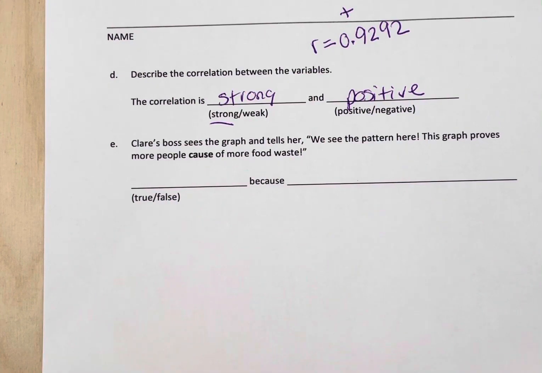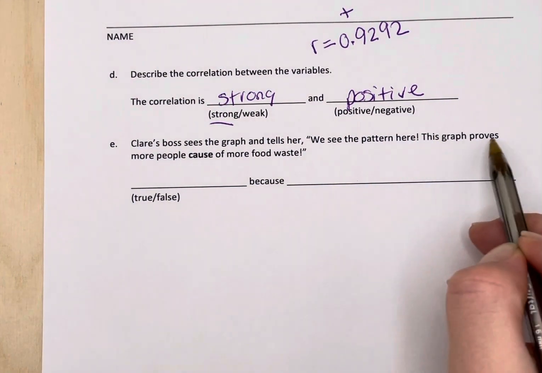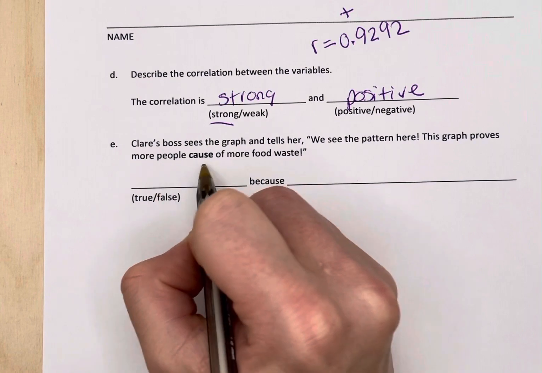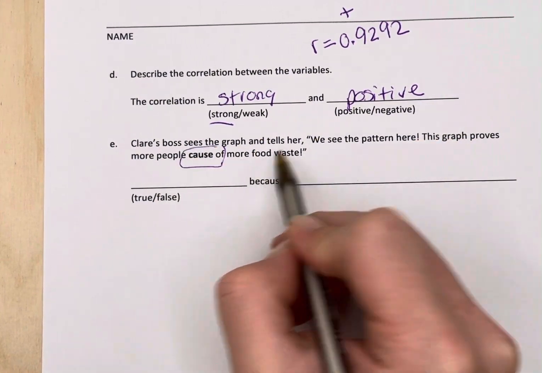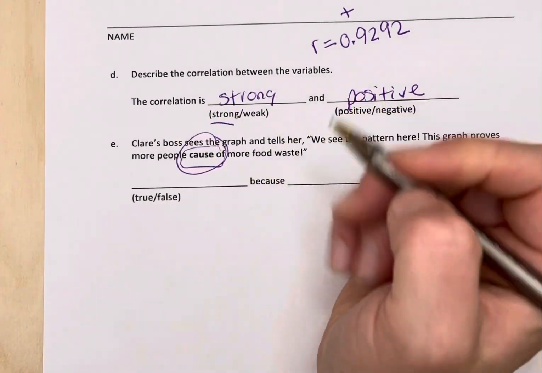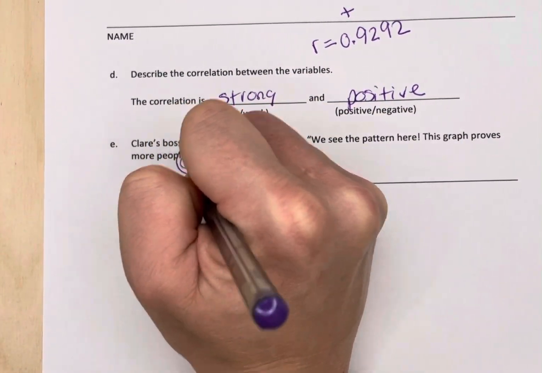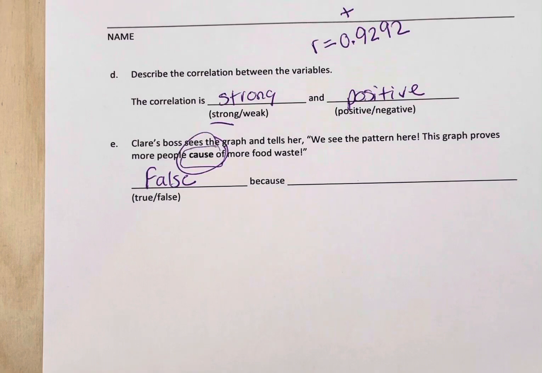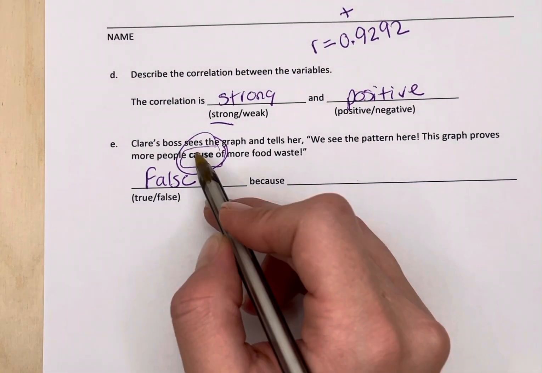The last thing that we have here is Claire's boss sees the graph and says, we see the pattern here. The graph proves more people cause more food waste. Now the key here is this word cause. This is going to be false here, and it is going to be false because we do not have cause here.